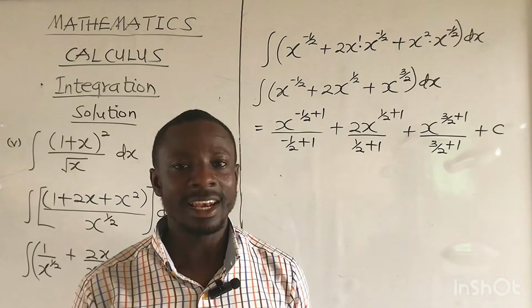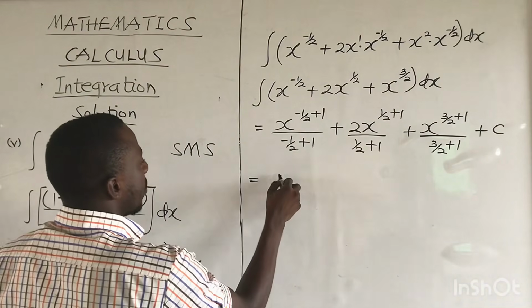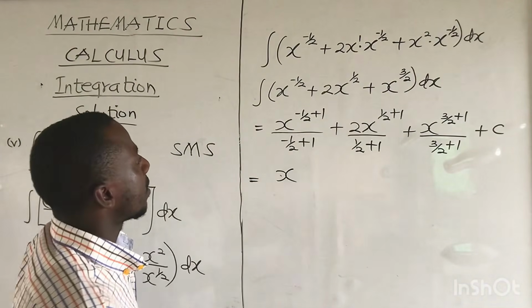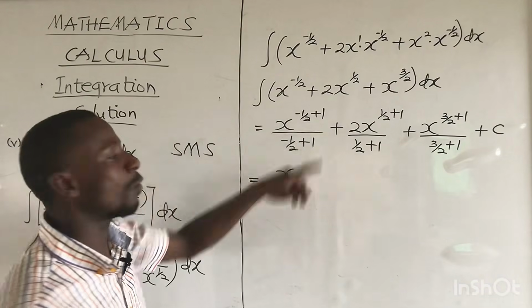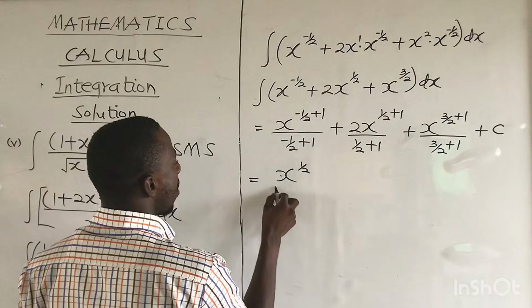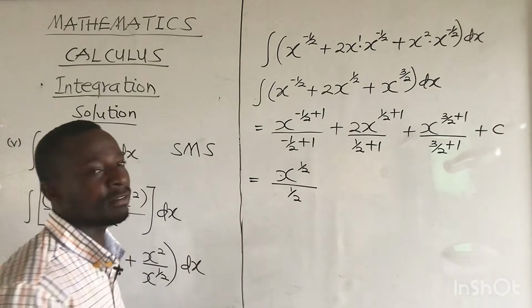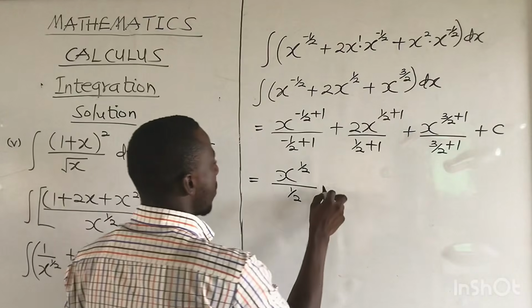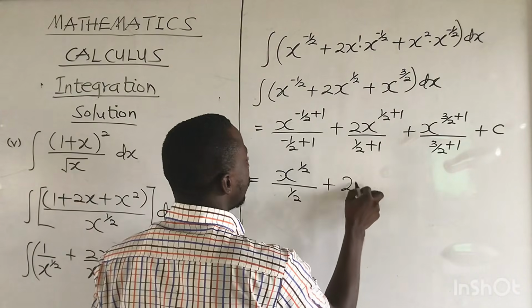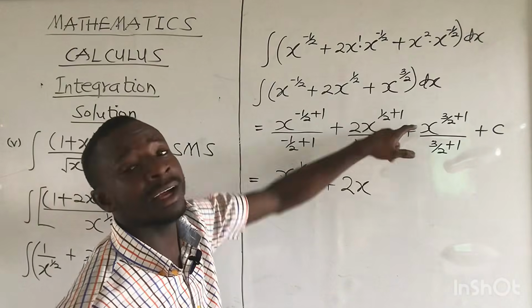So viewers, let's proceed. We have x minus half plus 1. We are going to get positive half all over the same thing here, which is positive half, plus 2x, and here we have half plus 1.